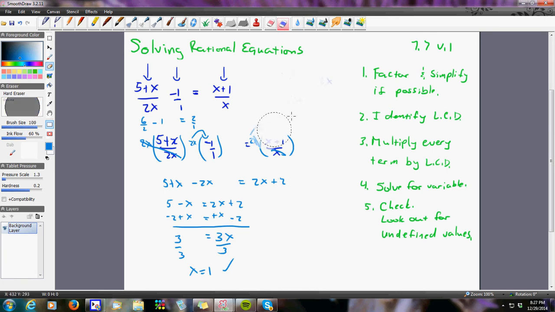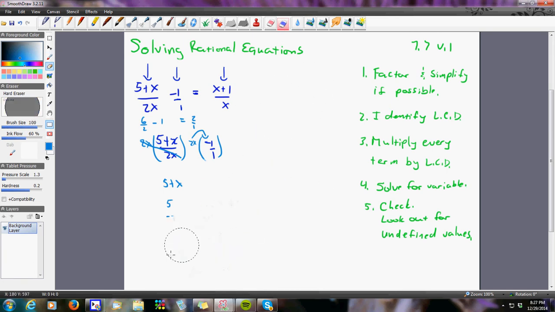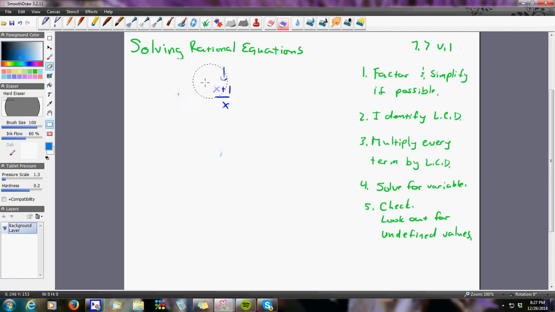I'm going to do another example for you. And hopefully it'll be a good example. Goodness me, there's an absolute monster of an example here. Maybe I'll do it. Ready? I might actually have to erase some of this stuff.